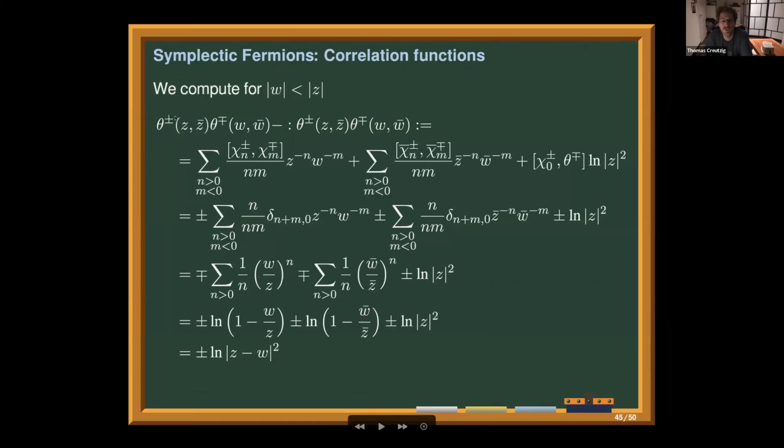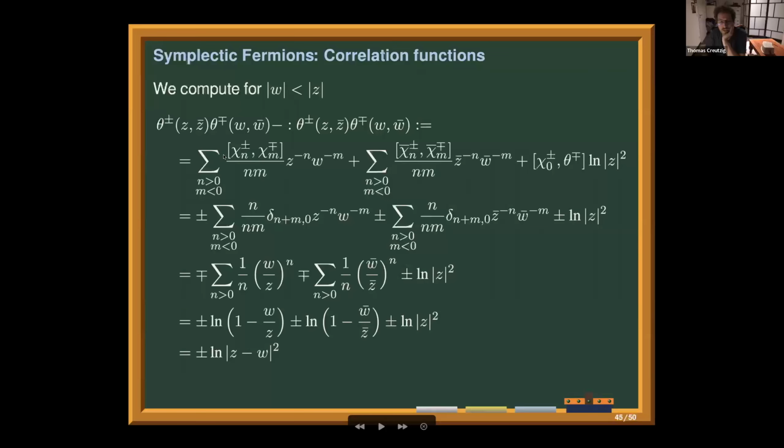So here I wrote down the product of the two fields minus the normally ordered product, and that should give us something interesting. By the definition of the normally ordered product, as long as you don't reorder the modes, it's just the same expression minus itself, so it gives a 0. But whenever you reorder, then you get an appropriate commutator.